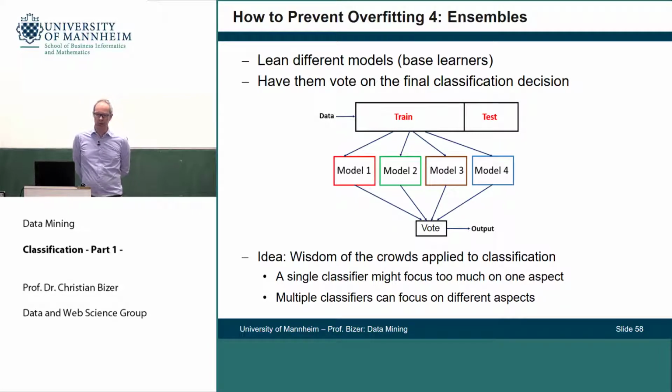So we take our training data, we learn 4 models in this case, or in realistic cases, hundreds of models, and then we have them vote. Different models can focus on different aspects. Different models likely don't overfit the data in the same way if we introduce some randomness into the learning process.